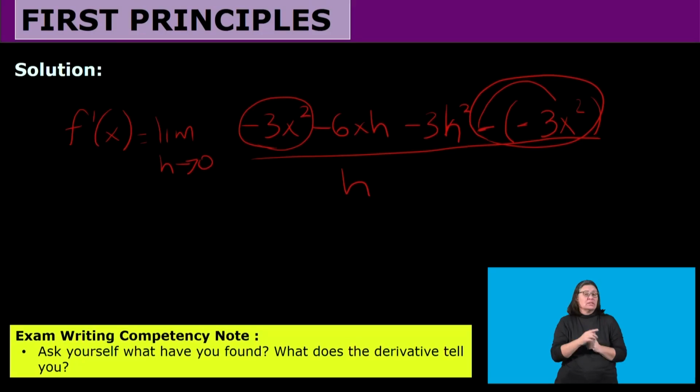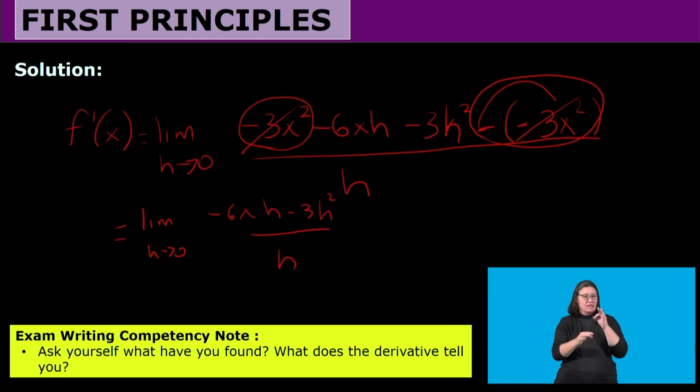So we end up with, remember what I said, we need to keep this limit as h approaches 0. We keep that. That term and that term cancel out. It's plus 3x squared minus 3x squared. We get minus 6xh minus 3h squared all over h. We then simplify by factorizing and taking out a common factor of h. Remember, you cannot cancel across the minus sign. You cannot cancel across terms.